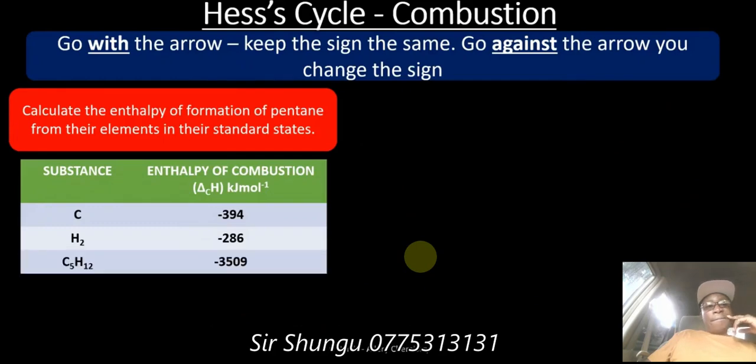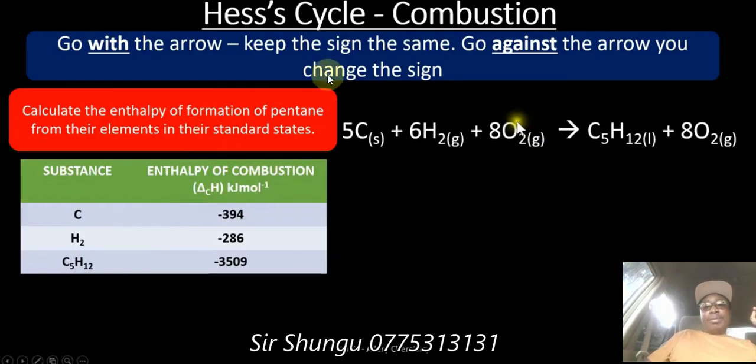Okay, so calculate the enthalpy change of formation of pentane. So by formation, I'm going to calculate the enthalpy change for the following reaction. And so the enthalpy change of formation. So we should have constituent elements for pentane there. Carbon plus hydrogen plus oxygen.